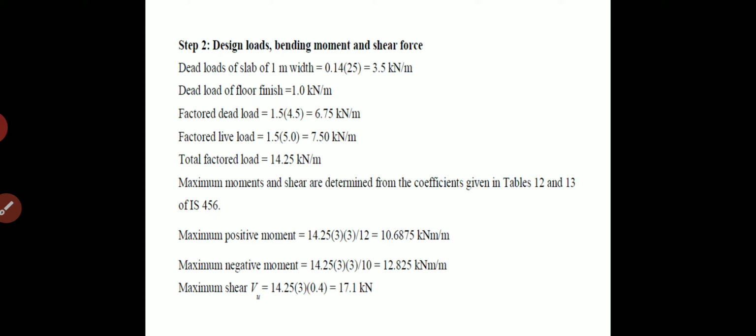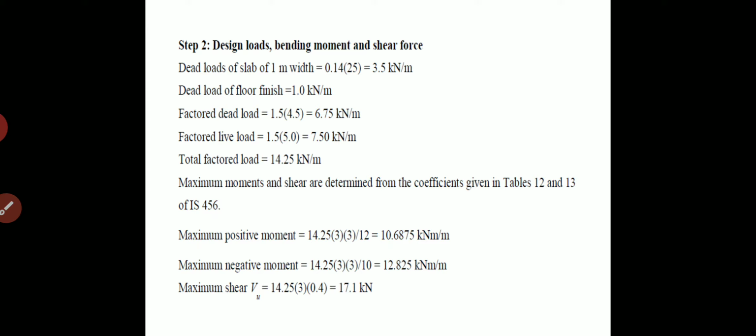So, maximum positive moment. What is the formula of this moment? WL square by 12. Here W is the total factored load, which is 14.25, into L equal to 3.